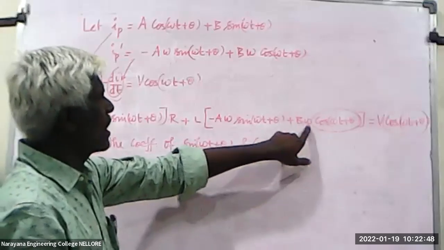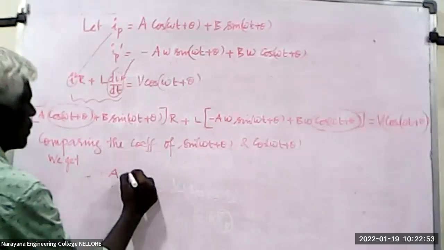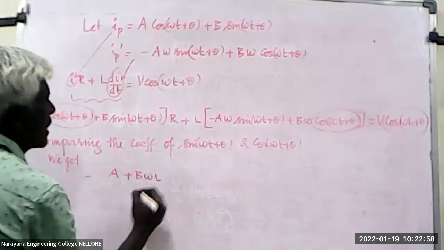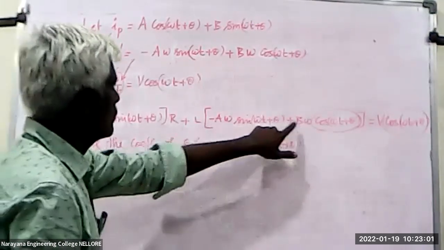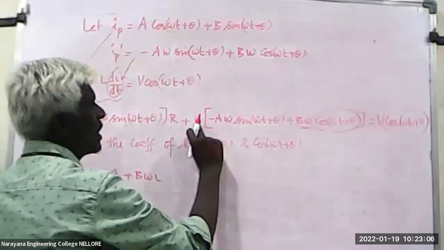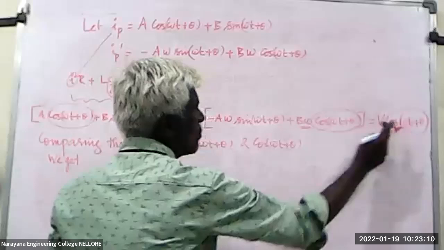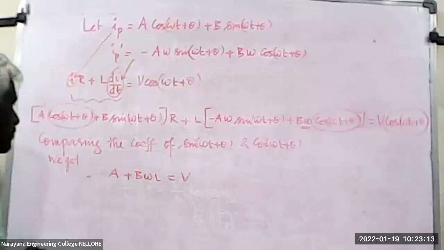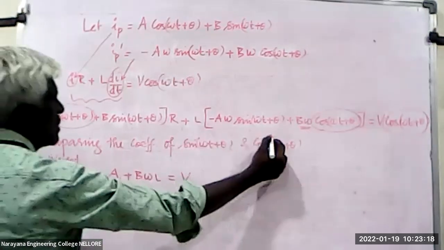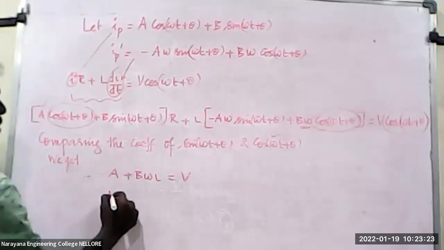It is B ω L, because L is common for this and this, so I take this, which is equal to, here what is the coefficient of cos(ωt + θ)? V, simply V. So it is A plus B ω L equals V. On comparing first with cos ωt. On comparing the sin ωt terms, I get B here.